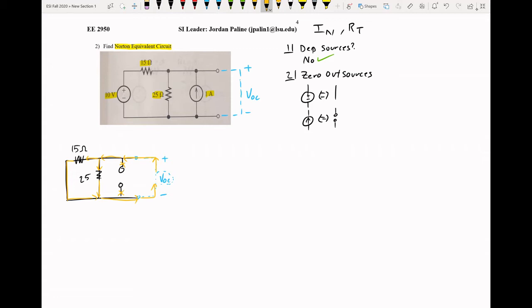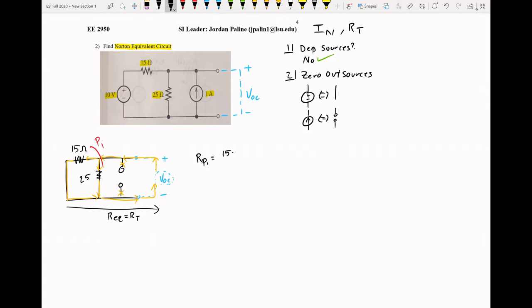Now we're working towards finding our equivalent, which would give us our R Thevenin. We're working towards the open terminals. If we look, we see that these two are in parallel, so I'll call that R parallel 1.